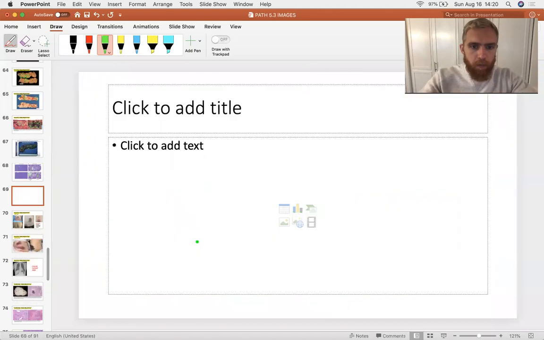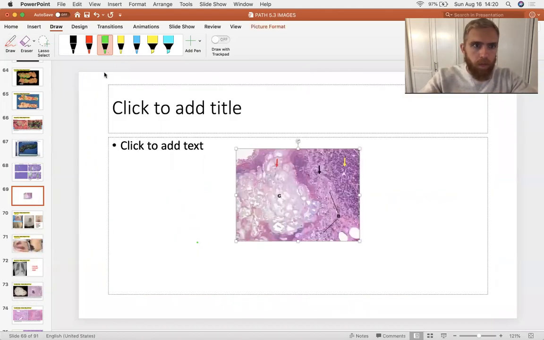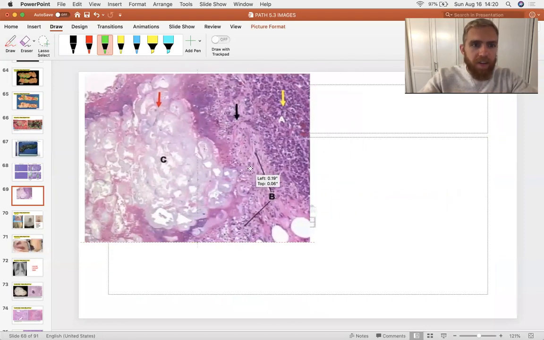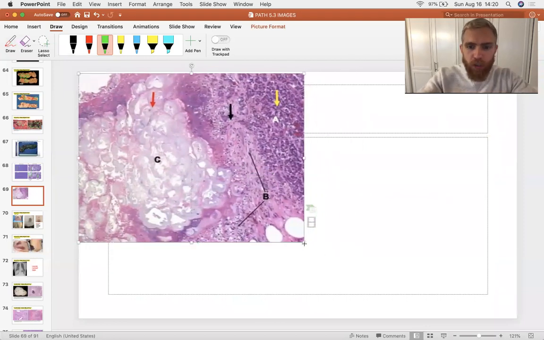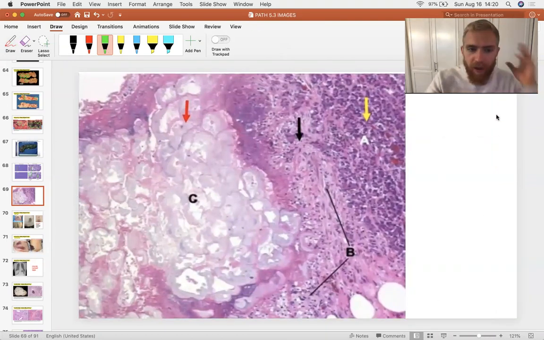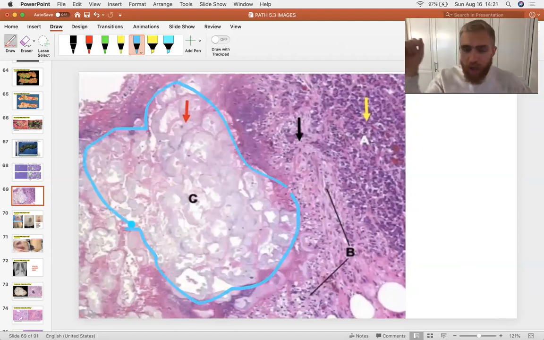Can you tell that this is blue? Can you tell that it's got a pale blue shimmer to it, much like chondrocytes do? Hyaline cartilage is kind of blue. That's the blue that we're talking about here. Okay, so there it is right in the middle. You see this? Fat necrosis, enzymatic fat necrosis. Click, next question.